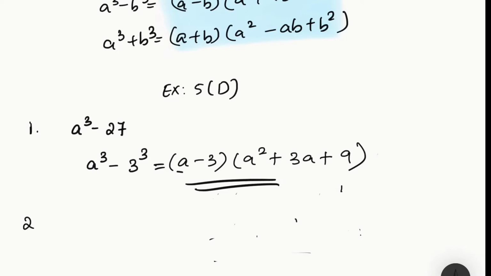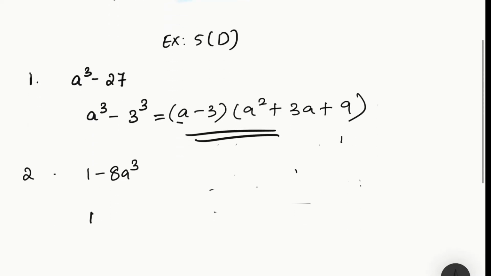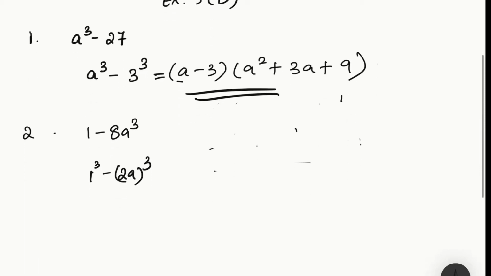Coming to the second question, we have 1 minus 8a cube. How can I write it? This will be 1 cube minus 2a whole cube, right? So I can again write this as 1 minus 2a into 1 square, 1 plus 2a plus 2a square. What will be 2a square? 2a whole square is equal to 4a square.